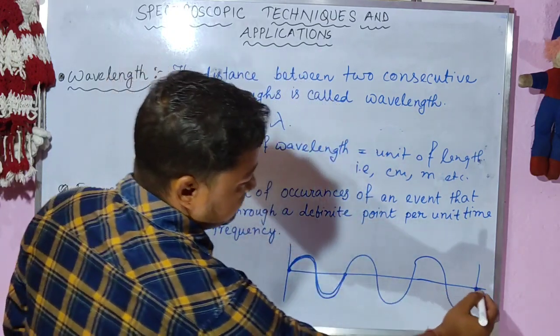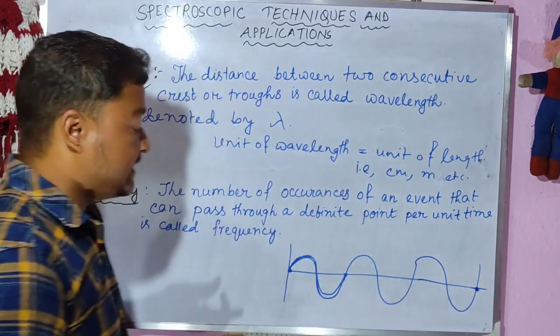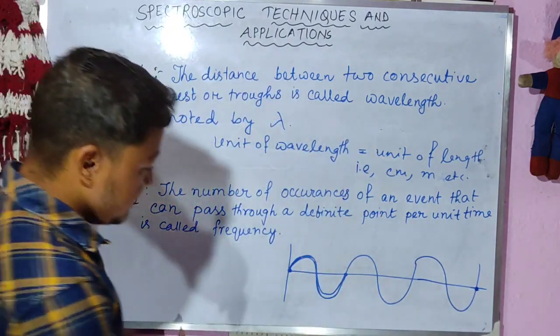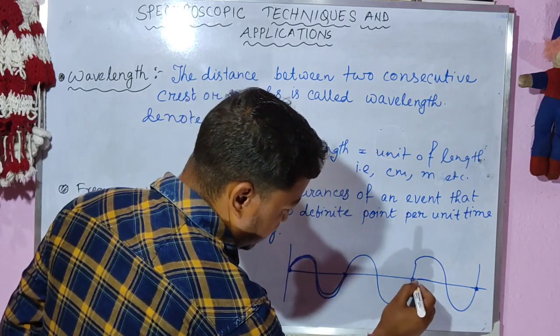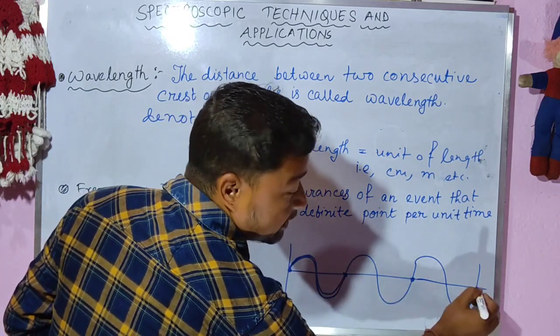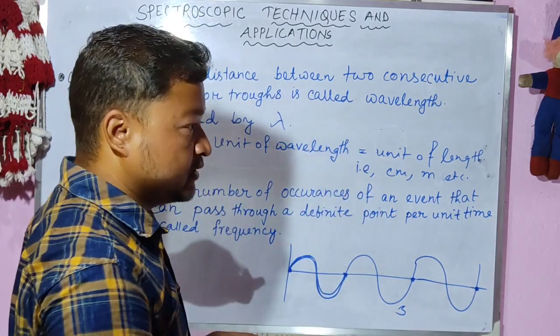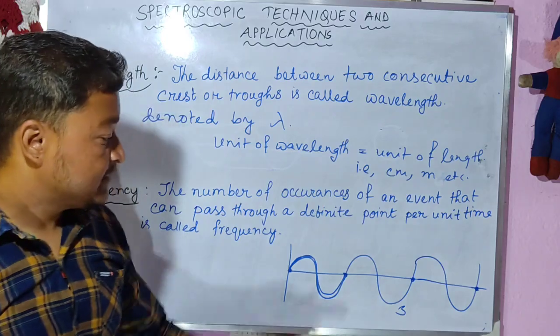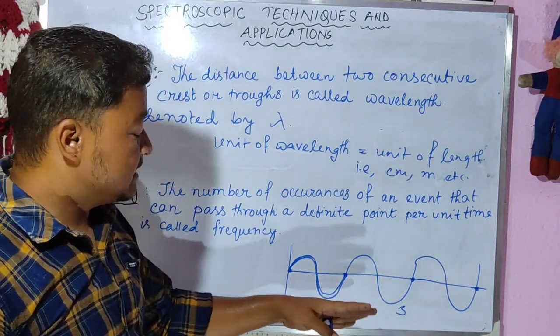In this point to this point there are how many complete events? There is a 1, and here to here 1, 2, and here to here 1, 3. Total 3 complete events. So in 1 second there are 3 complete events. So the frequency is 3.